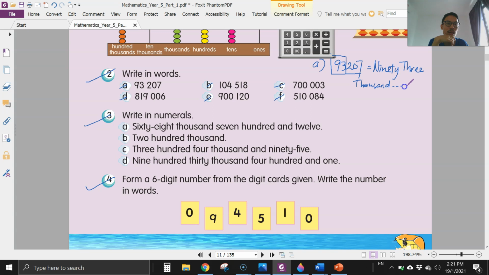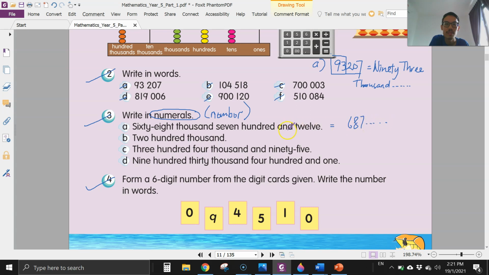And then 207. Okay, and then number 3, you write the numbers. Okay, numeral means numbers, yeah, nombor. So 68,712. So you write the number 68,712.